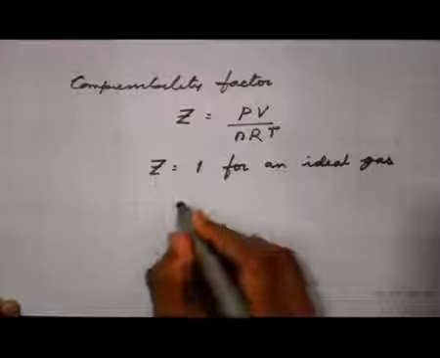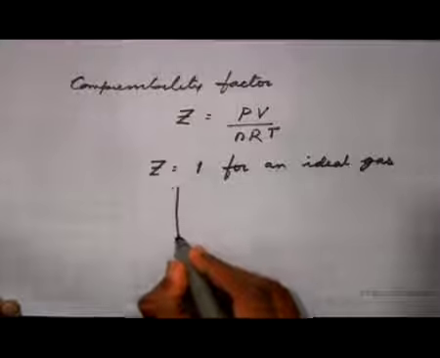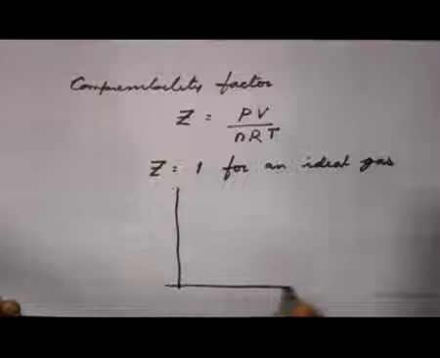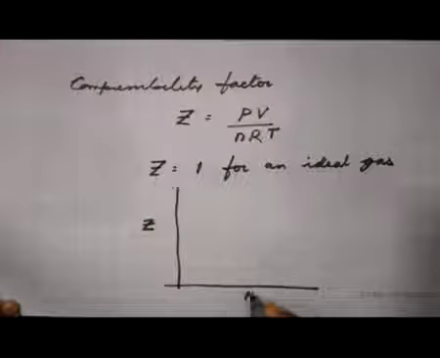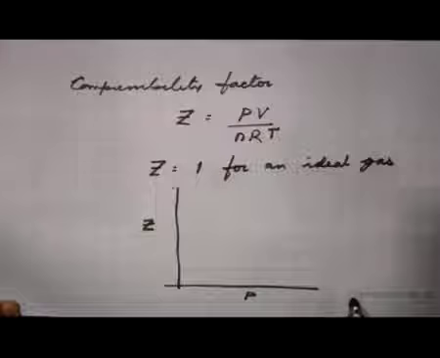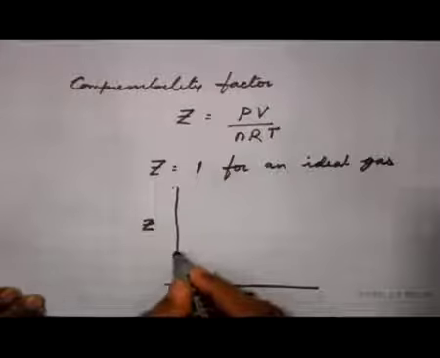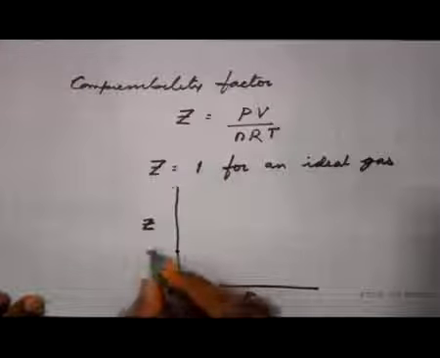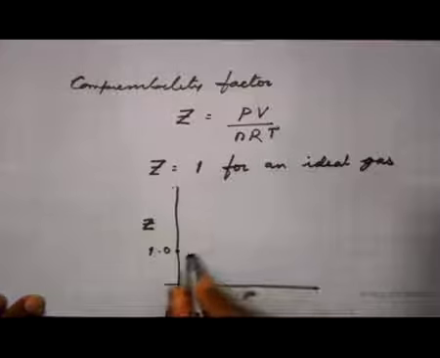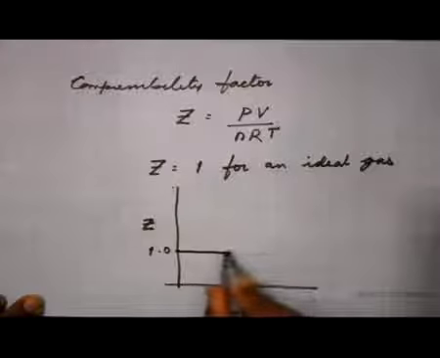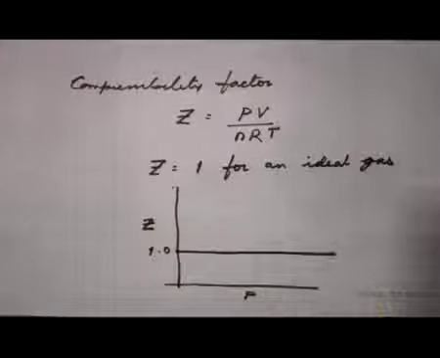And what are we going to do? We are going to see how Z looks as a function of the pressure, right. What are we saying now? Z equals 1 for an ideal gas. So, which means that no matter what the pressure is, Z for an ideal gas looks like this.